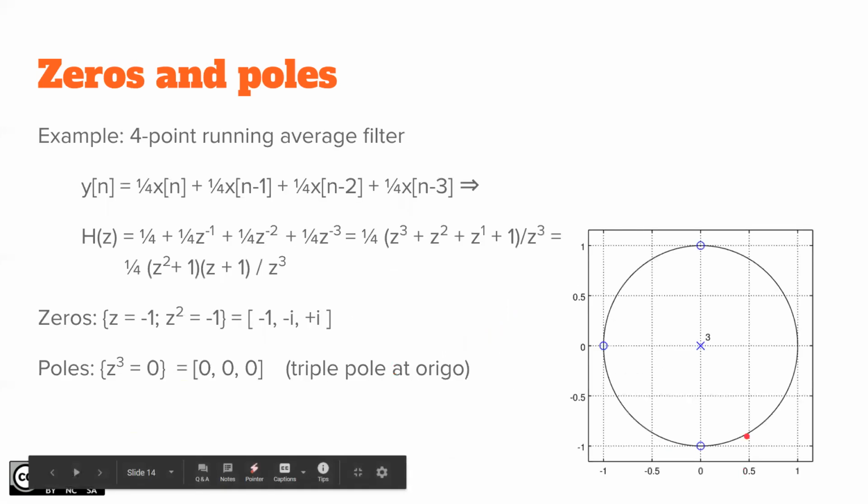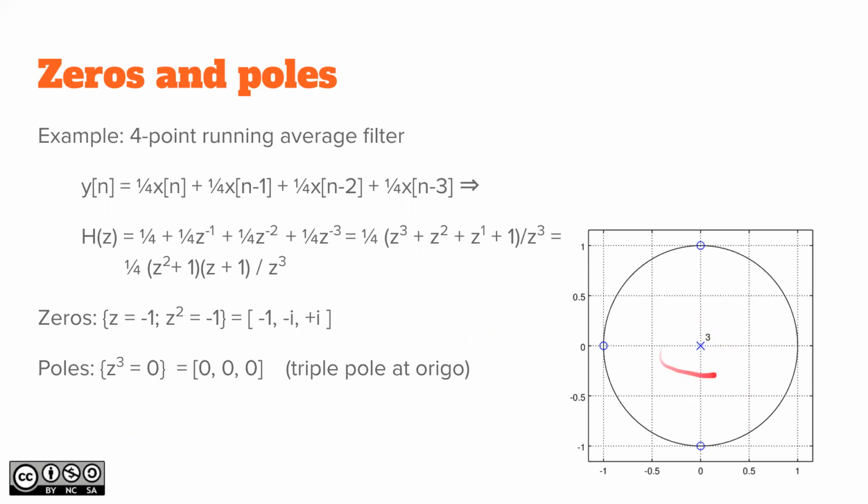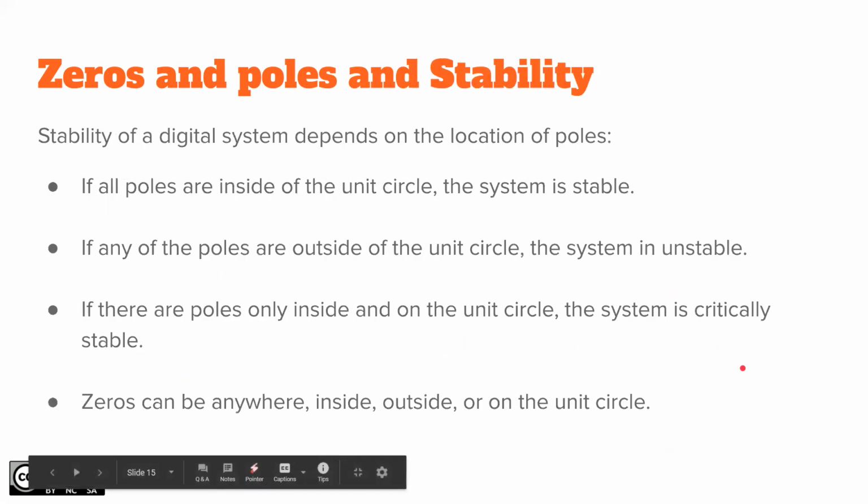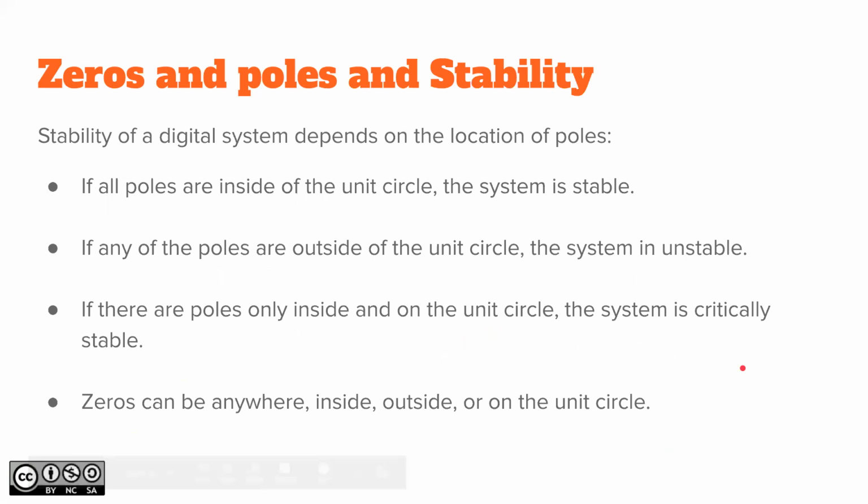Okay, good. This one is also a stable system. The poles are inside of the unit circle. Again, zeros can be anywhere. If any poles are outside, then the system is unstable.